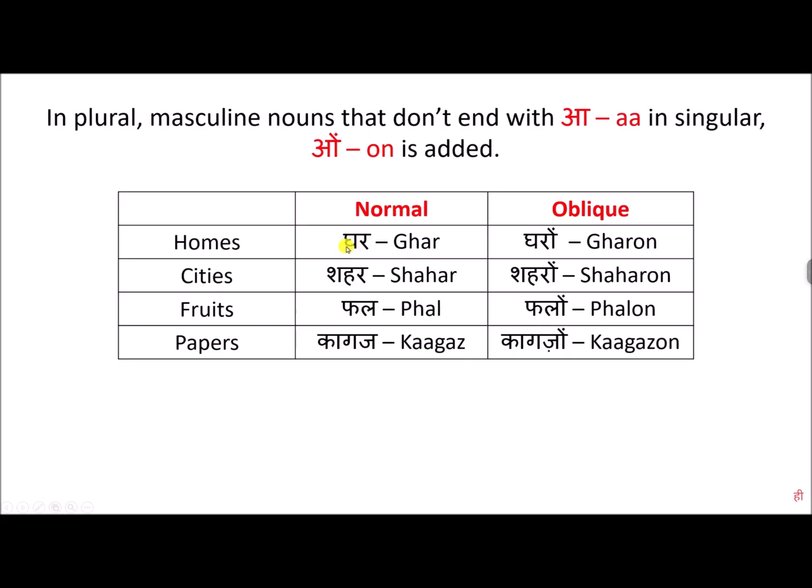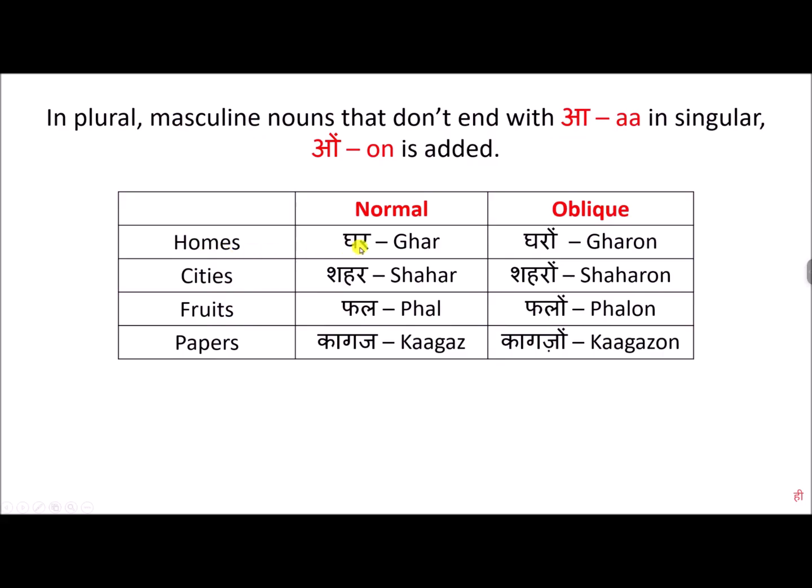Ghar is also homes. And I am assuming that you remember the rules of making plural. So ghar can mean home or homes. Okay? Ghar is plural now and it means homes.